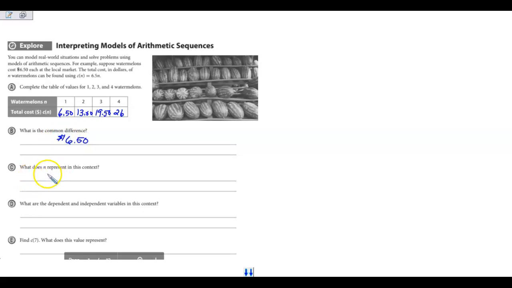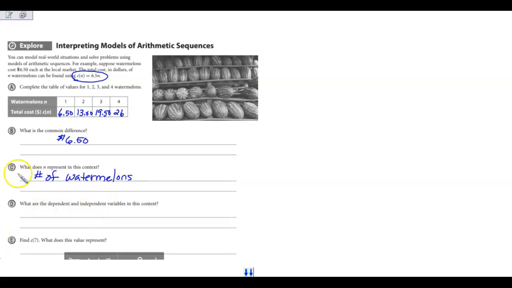What does n represent in this context? So in this equation, when they were wanting to find the cost, C(n) = 6.5n, what is n? It's the number of watermelons. Okay. What are the dependent and independent variables in this context?